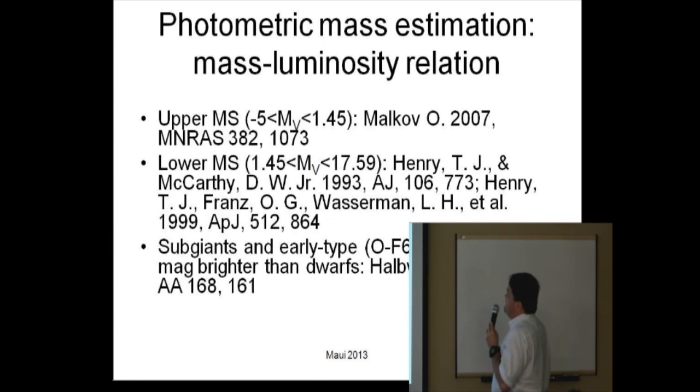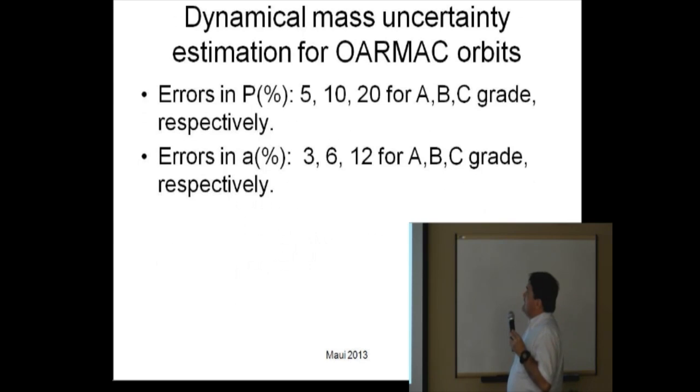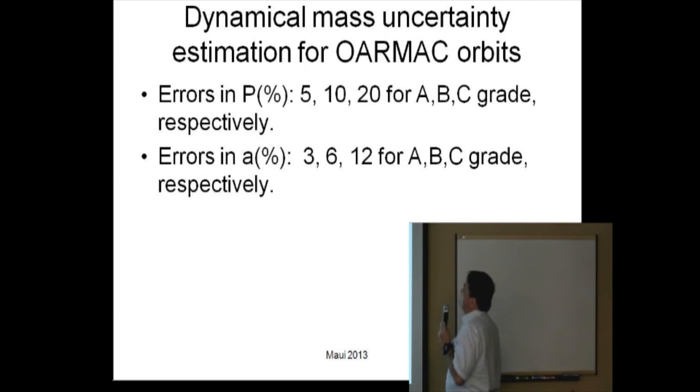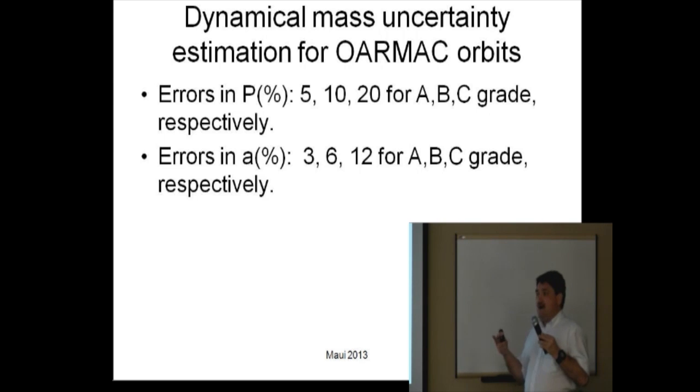This is a list of mass-luminosity relations which we use to calculate photometric masses, and to calculate uncertainty of dynamical masses, we made some estimation for the Santiago catalog because, as I said above, there is no estimation of orbital parameters, no errors of orbital parameters in the catalog.